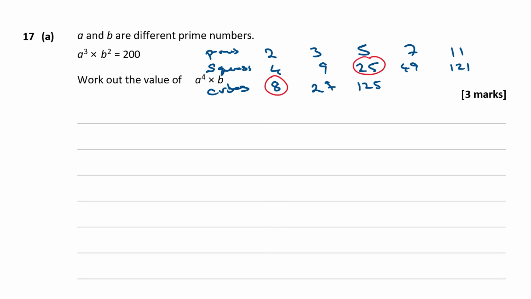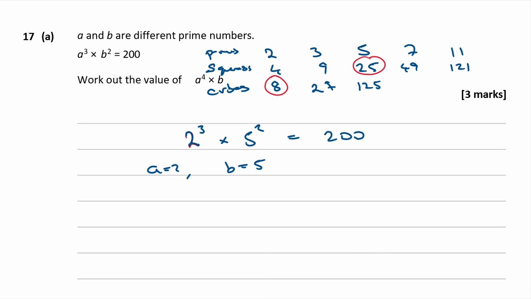That would work, wouldn't it? 8 times 25 is 200. So a cubed would be the 2 cubed then, wouldn't it? It'd be 2 cubed times 5 squared equaling 200. So then a is 2 and b is 5 from my working out.